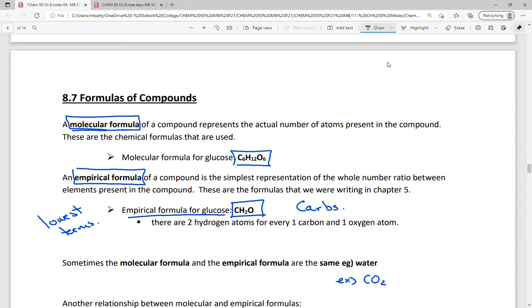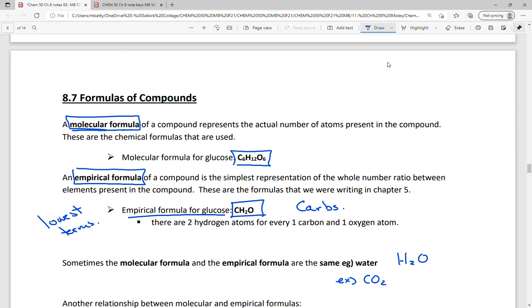It's already in lowest terms. Water is similar that way, where it is exactly the same. Doesn't matter. The molecular formula is the empirical formula. It's already in lowest terms. A lot of organic compounds like carbohydrates and proteins are more often seen as a molecular formula that could be boiled down to lowest terms and given as an empirical formula.